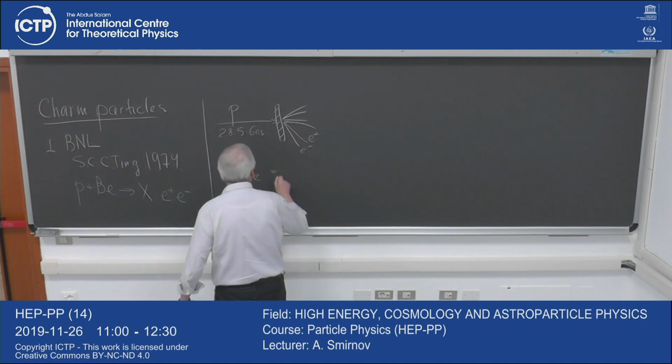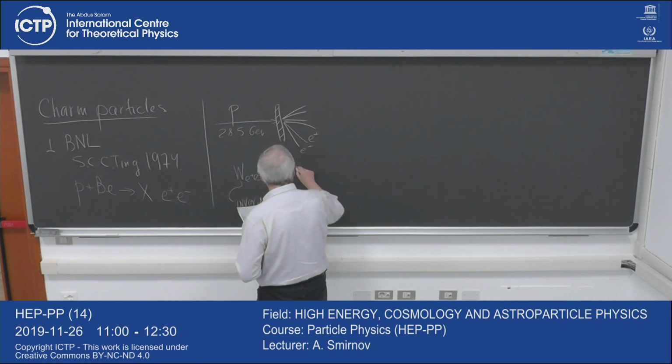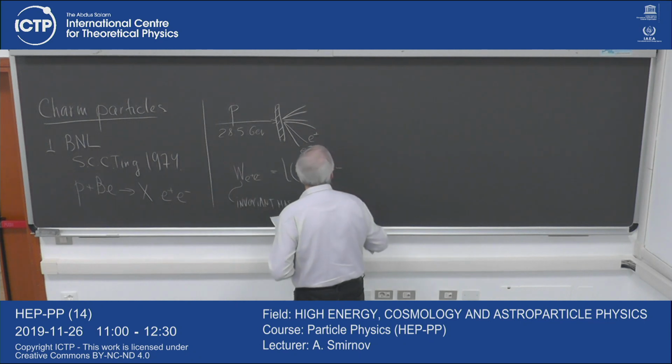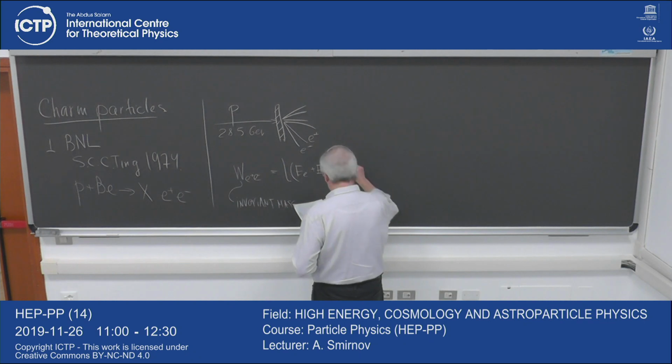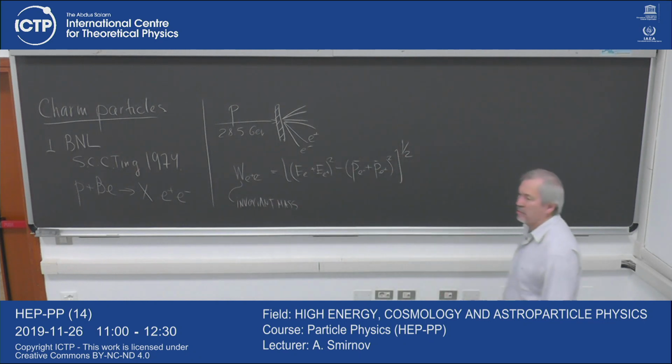Let me remind you, this is defined as the energy of the electron plus the energy of the positron, squared, minus the momentum of the electron plus the momentum of the positron, again squared, and then we take the square root of this expression.